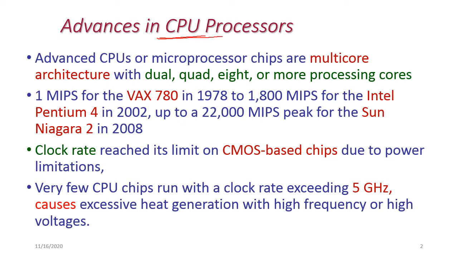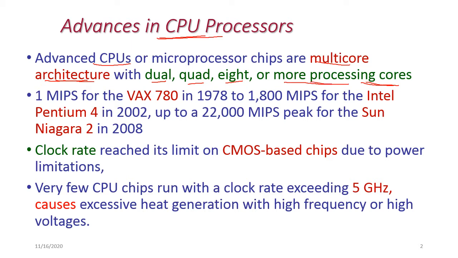Advanced CPU processors have many cores, so this is called multi-core architecture, and those multi-core architectures may be dual core, quad core, 8 core or more CPU cores.